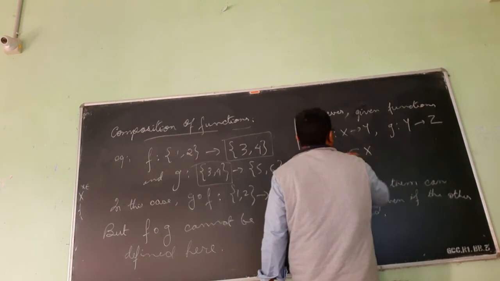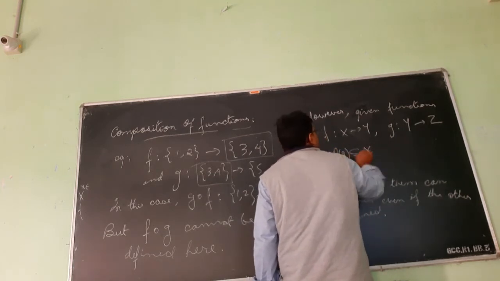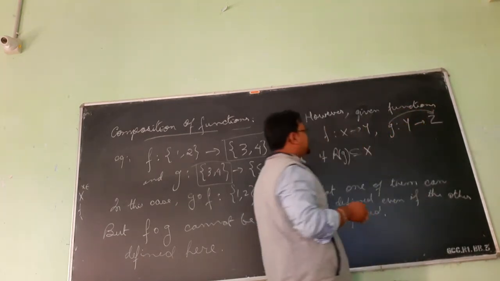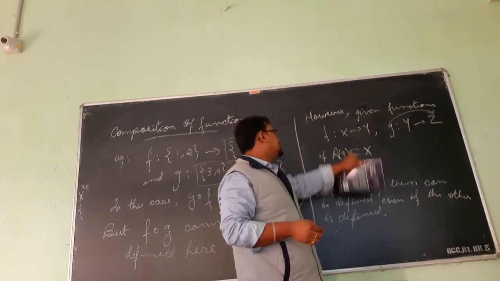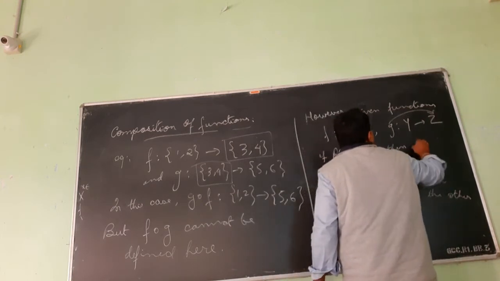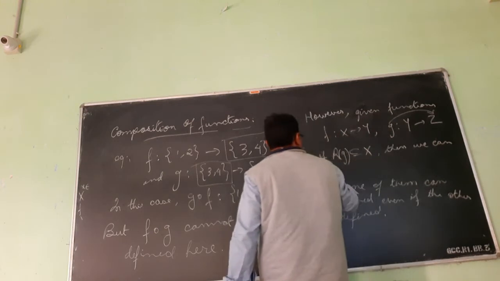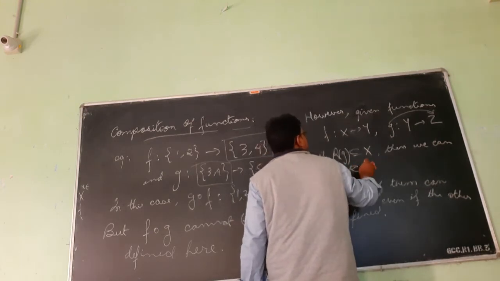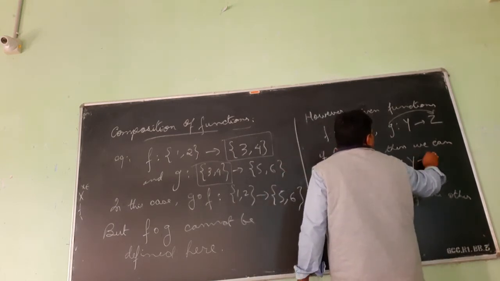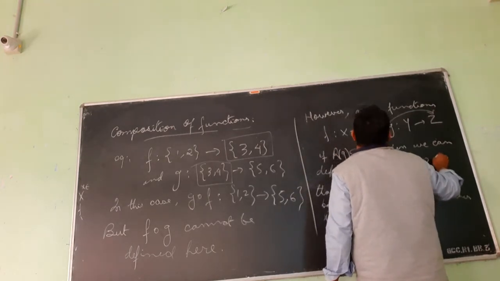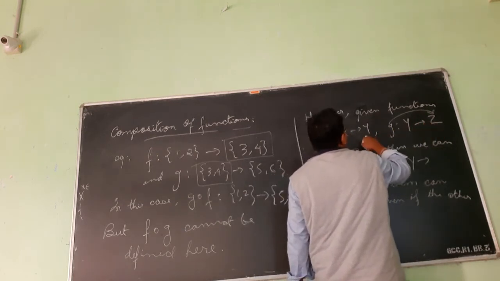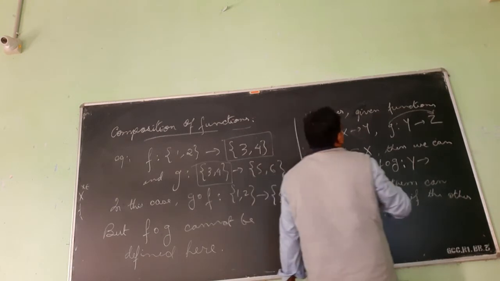So if the range of g is a subset of x, meaning whatever image elements there are under g lie inside x, in that case we can define f∘g. Here g will be from y to z, and f will be from x to y.